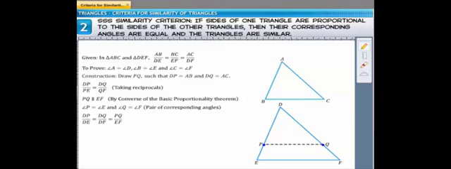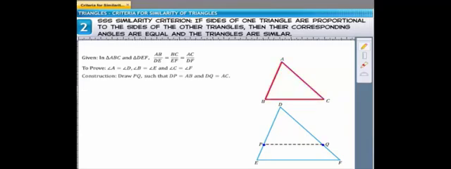This can also be written as AB upon DE is equal to AC upon DF, which is equal to PQ upon EF. But AB upon DE is equal to AC upon DF, which is equal to BC upon EF. Therefore, PQ upon EF is equal to BC upon EF. Hence, BC is equal to PQ.